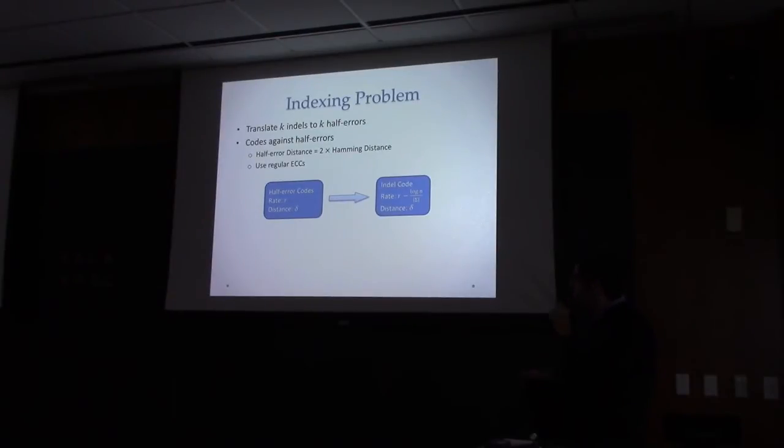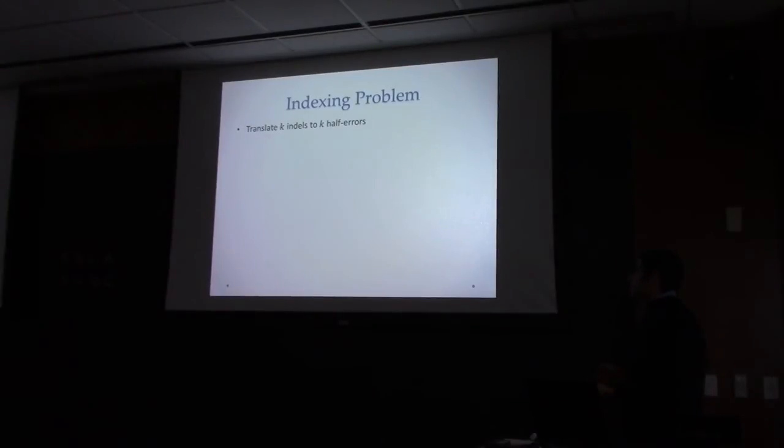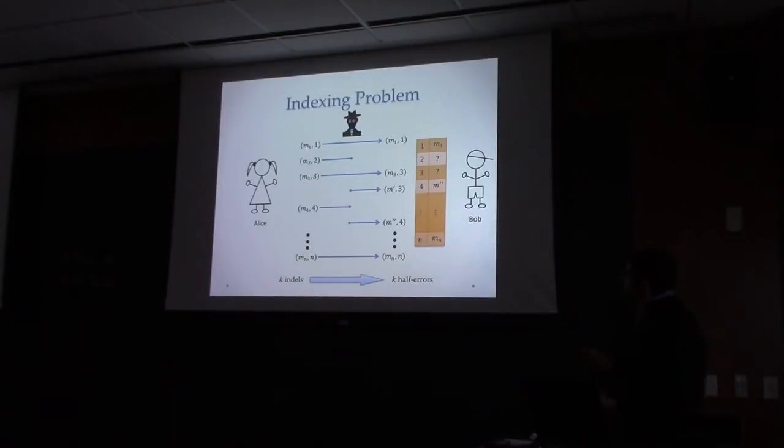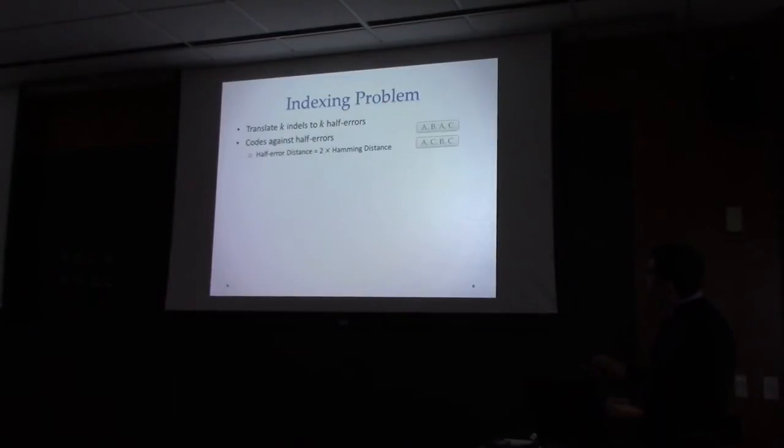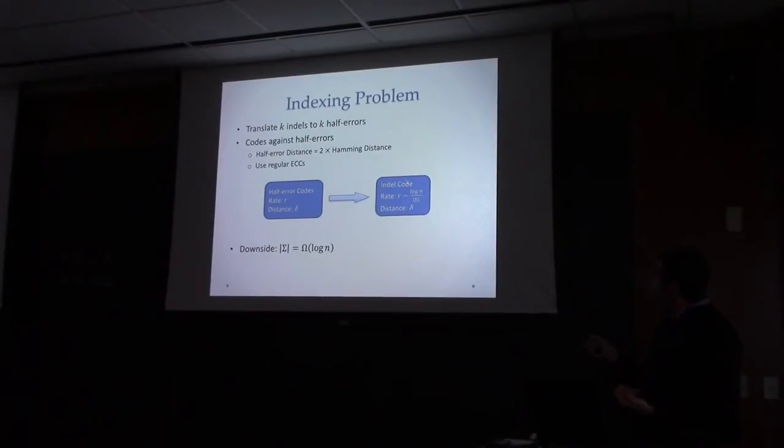This is what I just said. If you have a half error code which has a rate r and a distance delta, and you have a very large alphabet that allows you to do such a thing, you can easily turn it into an insertion deletion code with a slightly smaller rate and a distance delta. So is it clear?